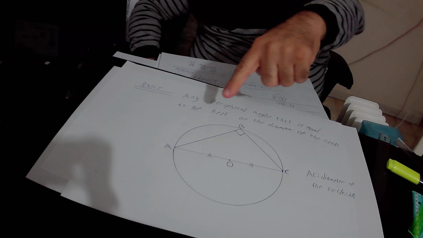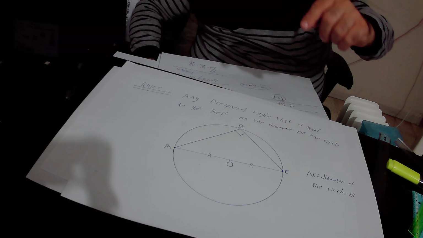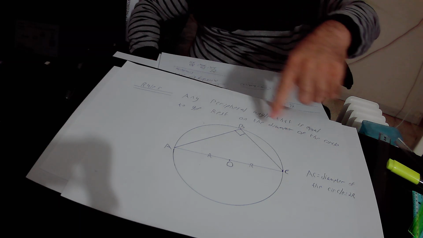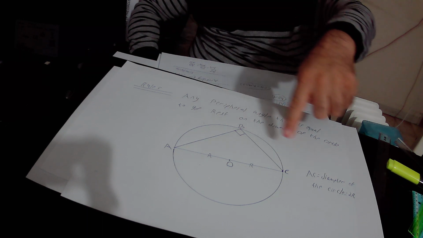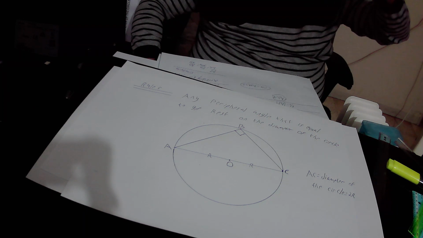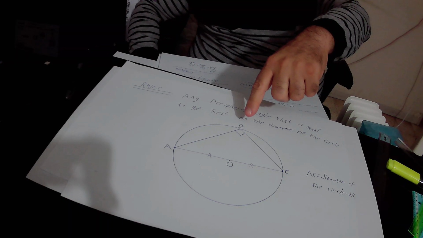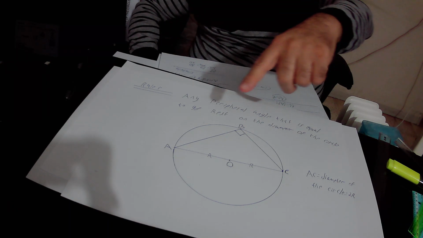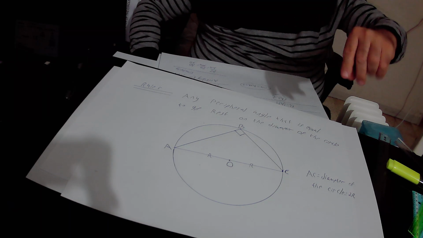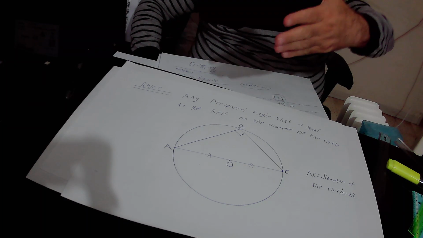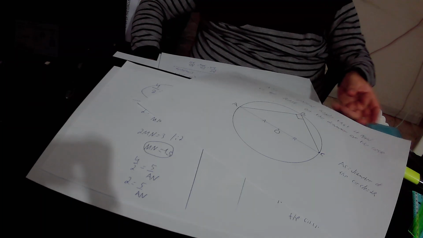This is peripheral angle ABC that is equal to 90 degrees. Therefore, peripheral angle ABC must rest on AC, that is the diameter of the circle. So we implemented rule number 5 in our drawing.